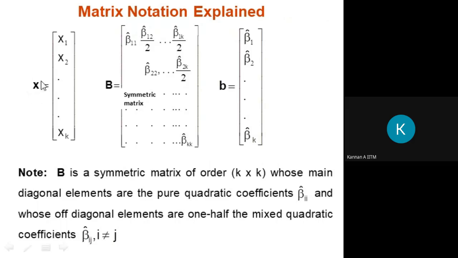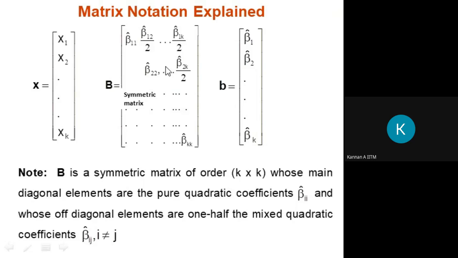This is the X, which is nothing but x1, x2, your independent variables: temperature, time, and so on. This is the matrix of coefficients. Why do you have beta hat 1,2 divided by 2? That is because this is a symmetric matrix: beta hat 1,2 is equal to beta hat 2,1. When you do the matrix multiplication, you will be doing beta hat 1,2 into x1 x2, and you will also be doing beta hat 2,1 into x2 x1.